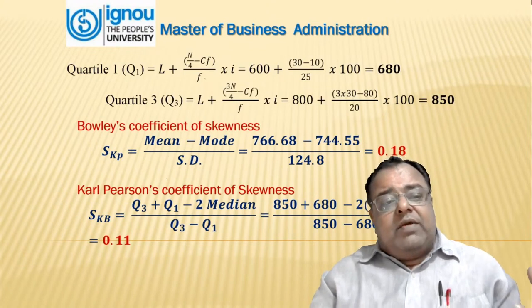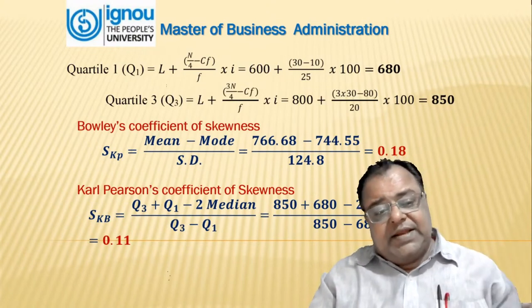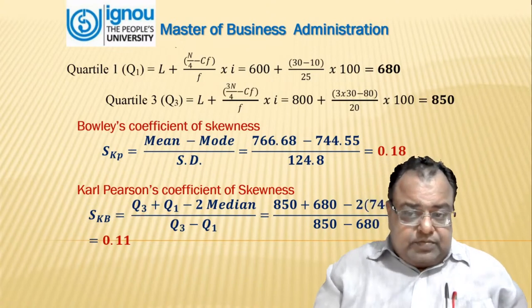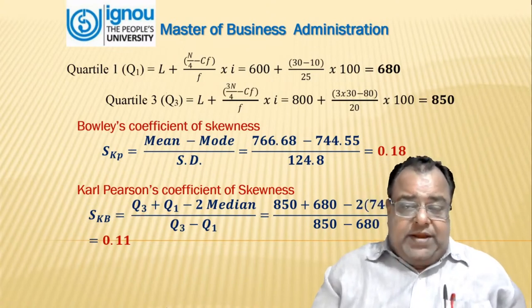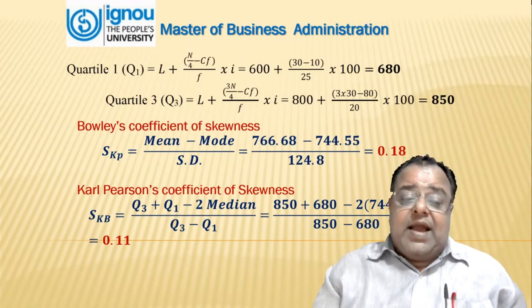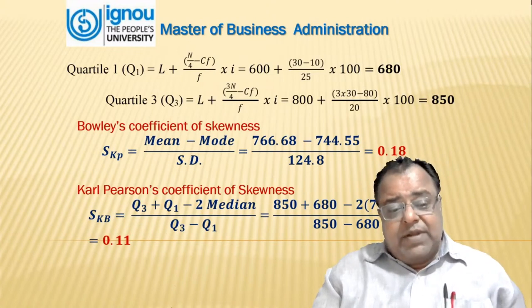Now, what is the formula for Karl Pearson's coefficient of skewness? That is denoted by SKP equal to (mean minus mode) by SD, which comes out to be 0.18. And when we calculate Bowley's coefficient of skewness, the formula is (Q3 plus Q1 minus 2 median) upon (Q3 minus Q1).